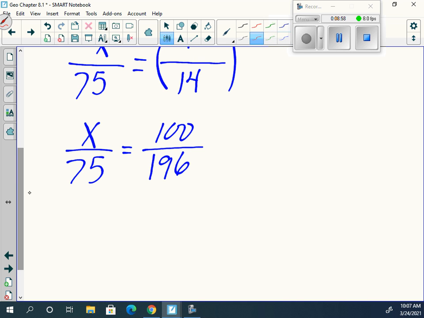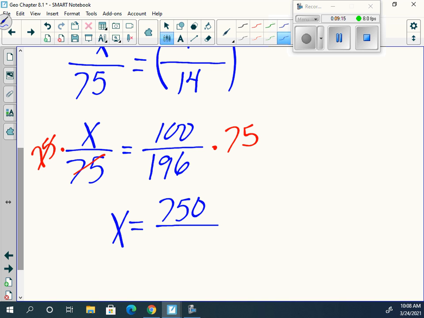And then last but not least, we can multiply both sides by 75. Well, these will simplify out, leaving us with x is equal to, well, if we multiplied it, because we could do 75 times 100, that's going to be, I need another 0, 7,500.